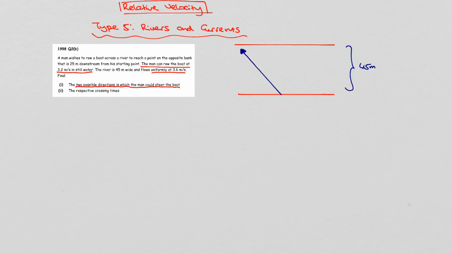So this is the velocity of the boat relative to the river. And then our river is coming downstream, so it's going to end up pushing the boat down.